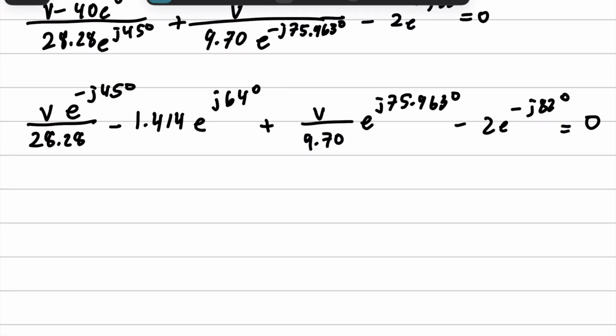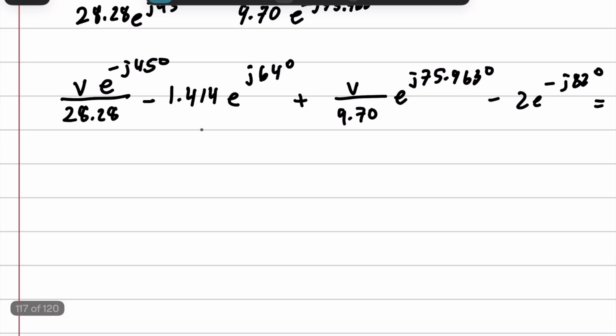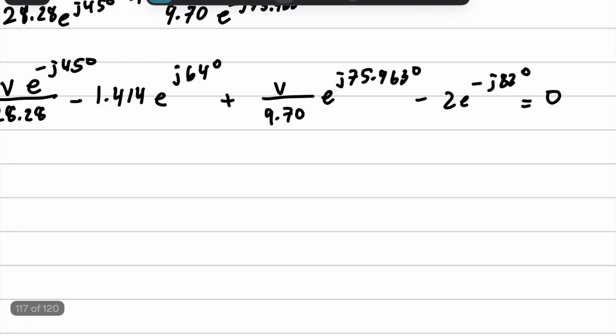And now, like before, we're going to combine like terms, factor out this V, and move every constant to the other side.